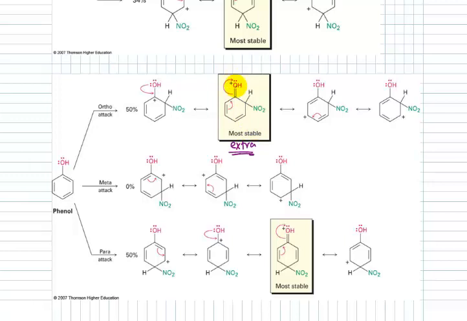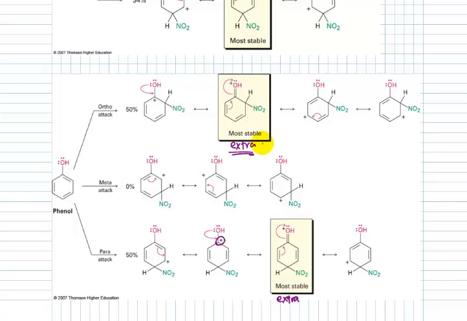So we have that extra stabilizing force, similar to what we had with that resonance stabilized carbonyl group, right? The acyl cation. Again, when we do meta attack, that plus charge misses the hydroxy group. We're adding to phenol in this case. But if I add para, we again have one resonance structure where the plus charge is directly next to that hydroxyl group, where we have this extra resonance structure that we didn't have before.